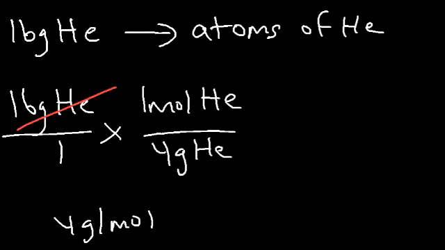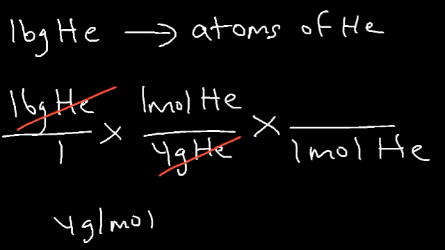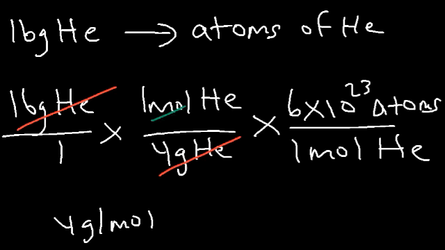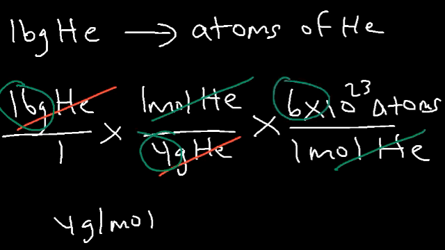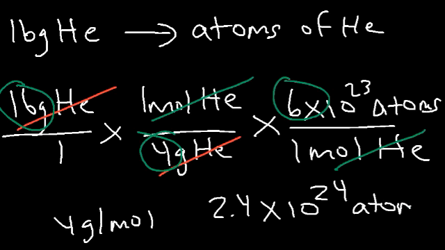So these units cancel, and now we can convert moles to atoms. 1 mole of helium is 6 times 10 to the 23 atoms of helium. So it's going to be 16 divided by 4, which is 4. 4 times 6 is 24. So 24 times 10 to the 23rd is 2.4 times 10 to the 24th atoms of helium.